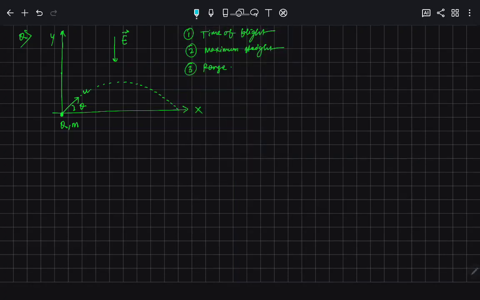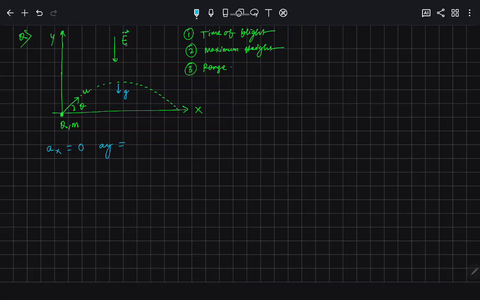So what will happen basically, you just see here, acceleration along x is 0 because there is no acceleration along x. Only acceleration in the y direction is there. Now the acceleration is downward, that will be your g.